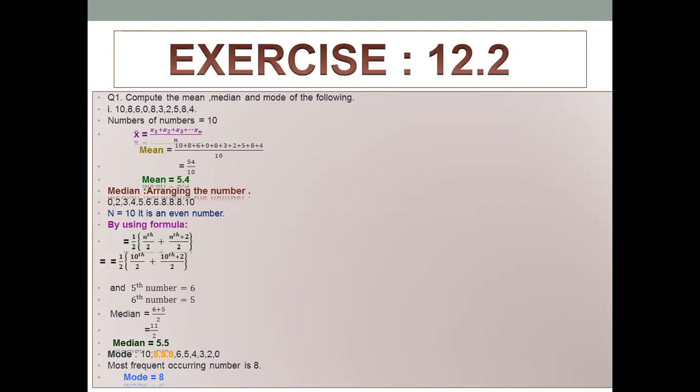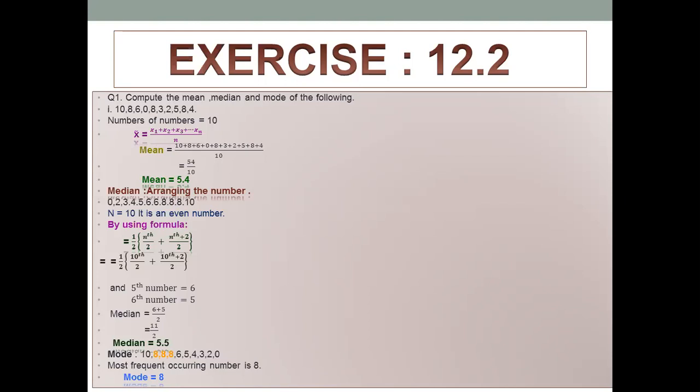Now check in your data which number lies in the 5th place: 0, 2, 3, 4, 5, 6. 5 lies in the 5th place and 6 lies in the 6th place. So you add 5 plus 6 by 2, 11 by 2, and your median is 5.5.